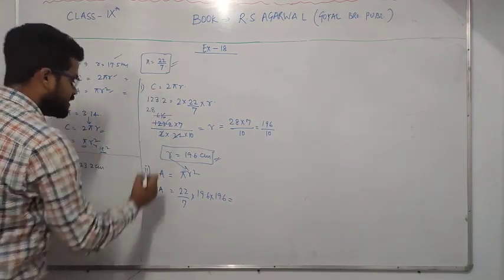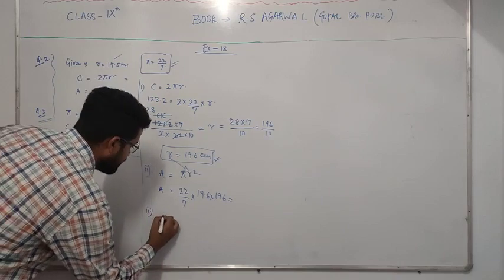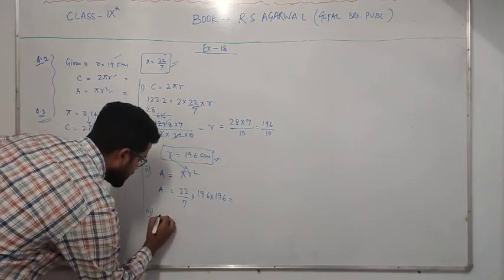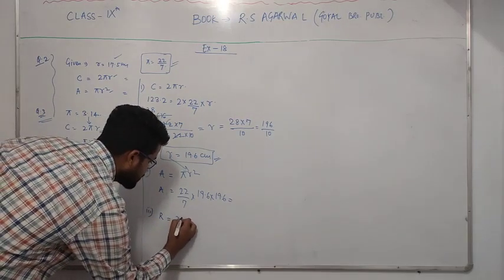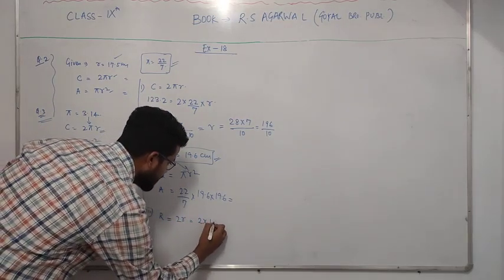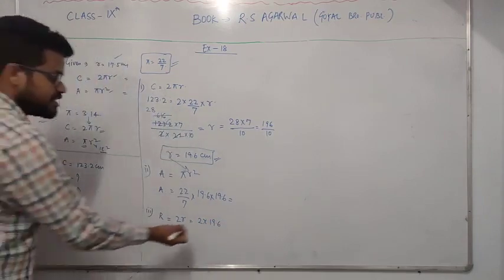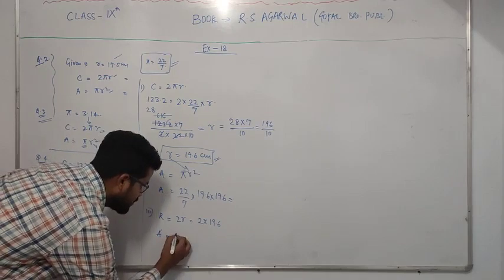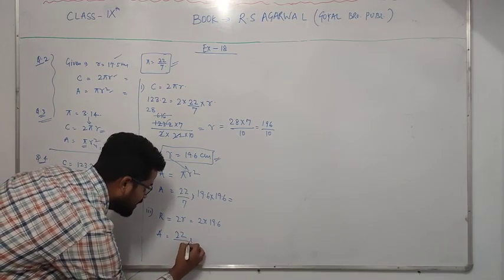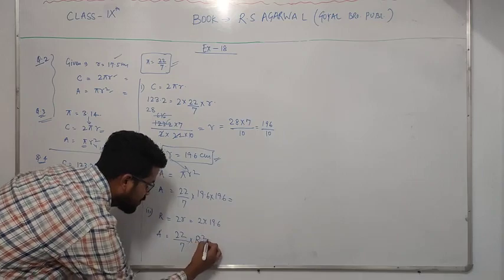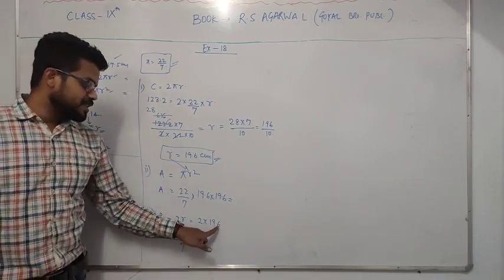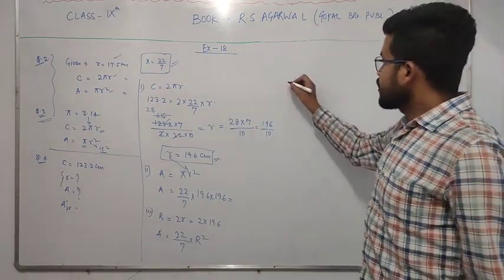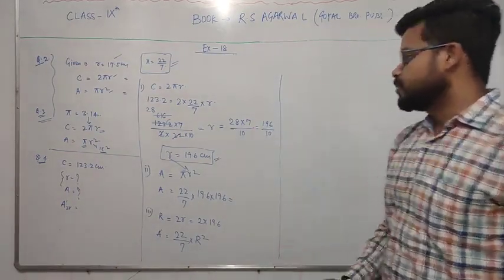The third part is if the radius is doubled, so the new radius is 2r, which is 2 into 19.6. So again find the area: A dash equals 22 by 7 into r square, and in place of r I put 2 into 19.6. This is question number 4.